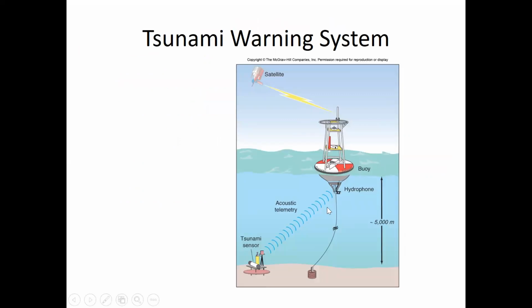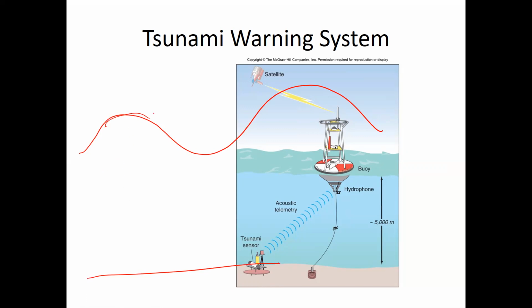And how the warning system works is there's a pressure sensor at the bottom of the ocean. So as a wave goes by, the water pressure at the bottom of the ocean is a function of the water height. And so if a tsunami is passing by, if there's a large wave, the water pressure will be anomalously high because the water height above there will be.